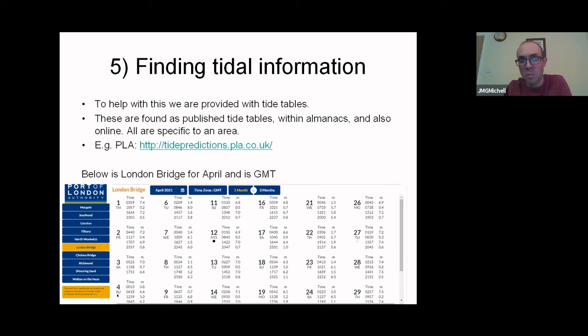The lowest number is your low water, and it's taken from what's called chart datum, which is the calculated astronomically low water that you would expect.